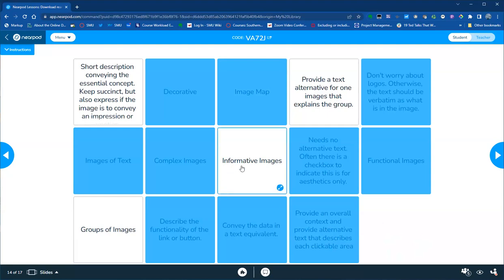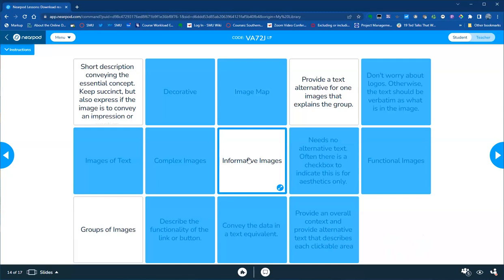So we're down to our informative images. Those are the kinds of images that could be something like an infographic. It could be important quotes. Well, no, it wouldn't. The quote is just images of text, but it could be infographics and diagrams and things like that, not about data, but about other things.